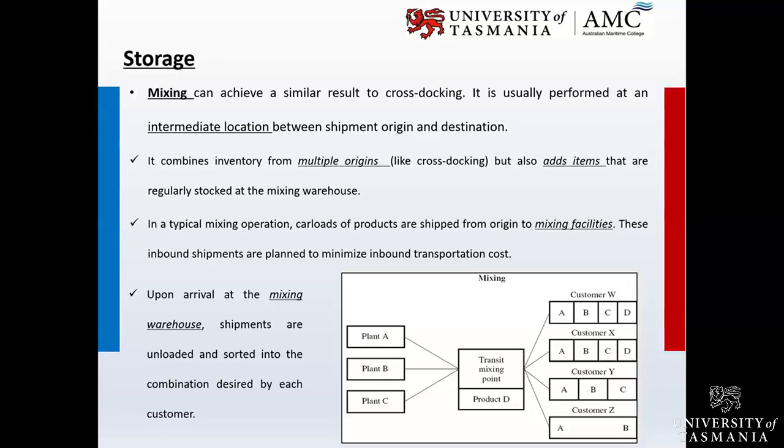Shipments are from different origins. Here, plants A, B, C show the different origins. So shipments are shipped from different origins to the mixing warehouse.